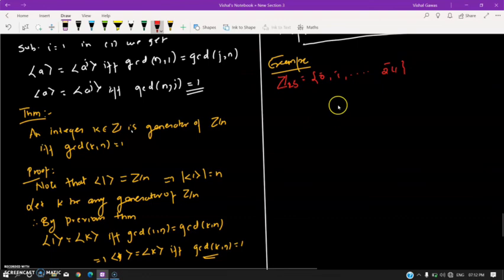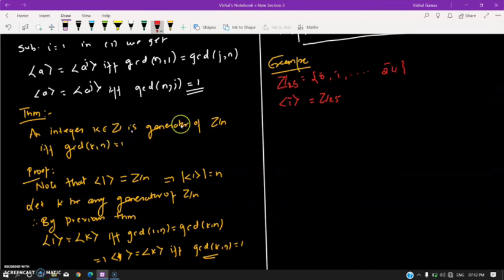I know that 1 generates this. So one thing I know is that 1 bar would always give me order 25. I want to check what are the other numbers which would always generate Z25.